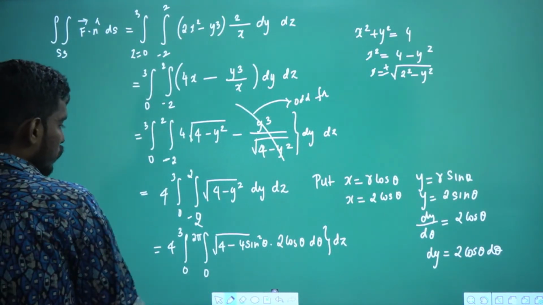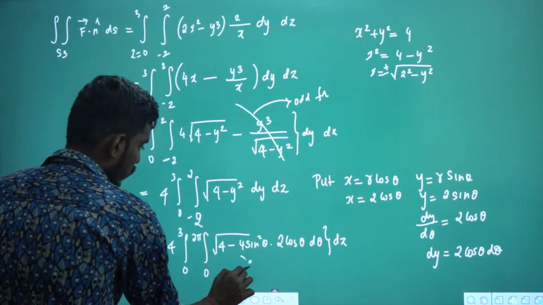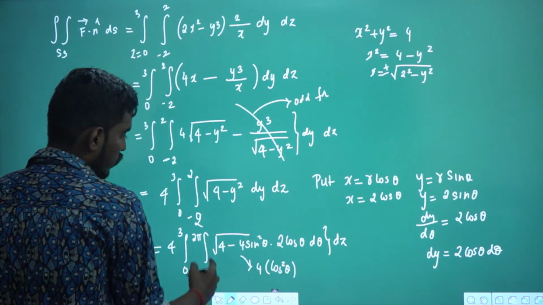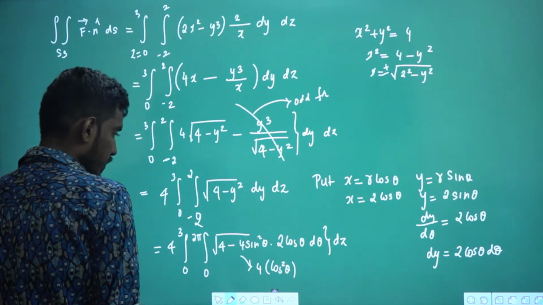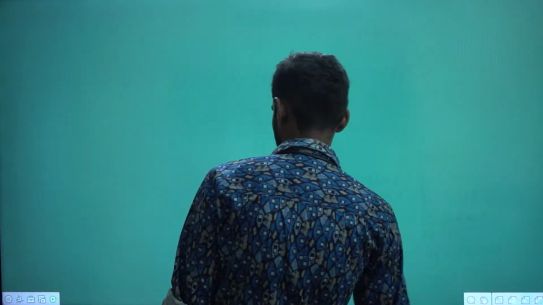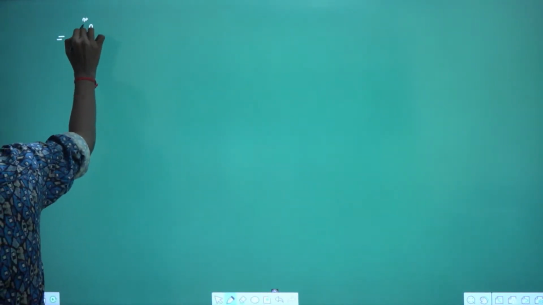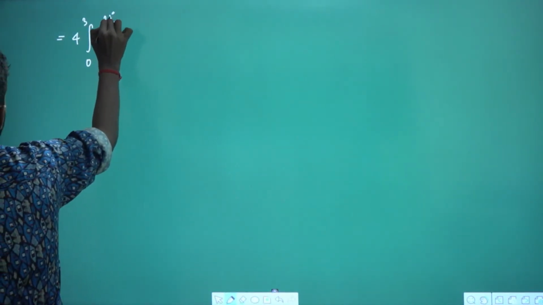If I take 4 outside, 1 minus sine square theta is cos square theta. So root of 4 cos square theta is 2 cos theta. Z varies from 0 to 3, theta from 0 to 2 pi.